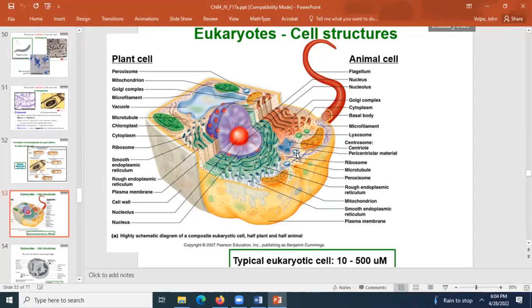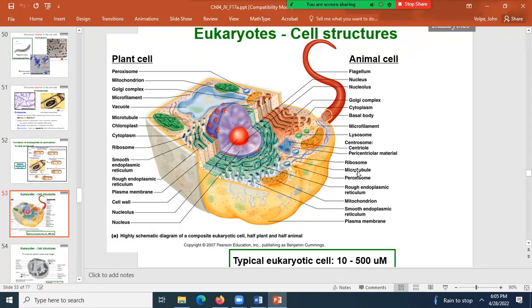And then there's something found in an animal cell, but not in a plant cell. And let me see if I can remember what it is. There it is. This structure right here, the centriole and the pericentriolar material, it makes up in an animal cell the mitotic spindle, if you remember from biology 160.